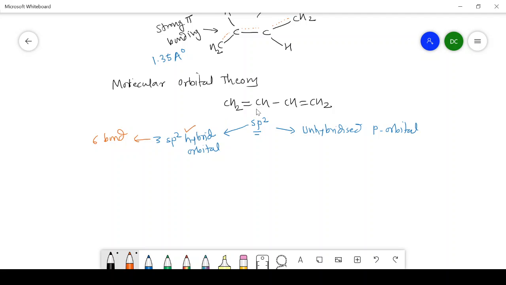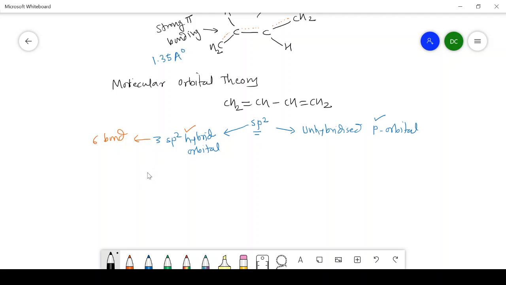This carbon also forms a sigma bond with two carbon and one hydrogen due to the sp2 hybrid orbital. But all these carbons possess an unhybridized p orbital, and due to this unhybridized p orbital, we observe a pi cloud above and below the carbon chain in the butadiene.